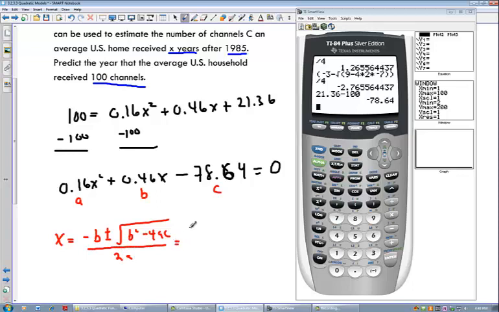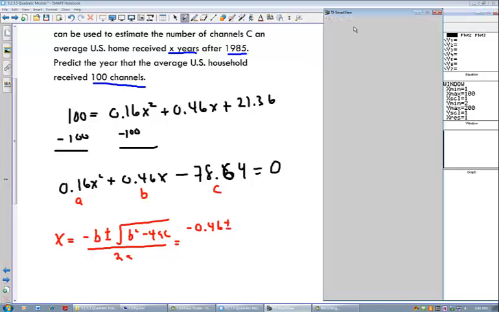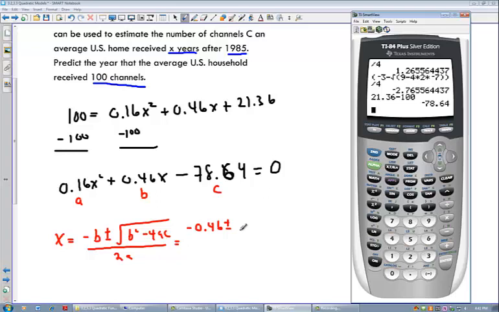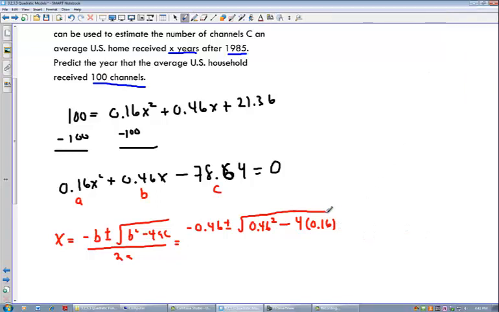So I have negative 0.46 plus or minus the square root of b squared, so 0.46 squared, and then minus 4ac, so minus 4 times 0.16, and then this is all times c, which is negative 78.64.